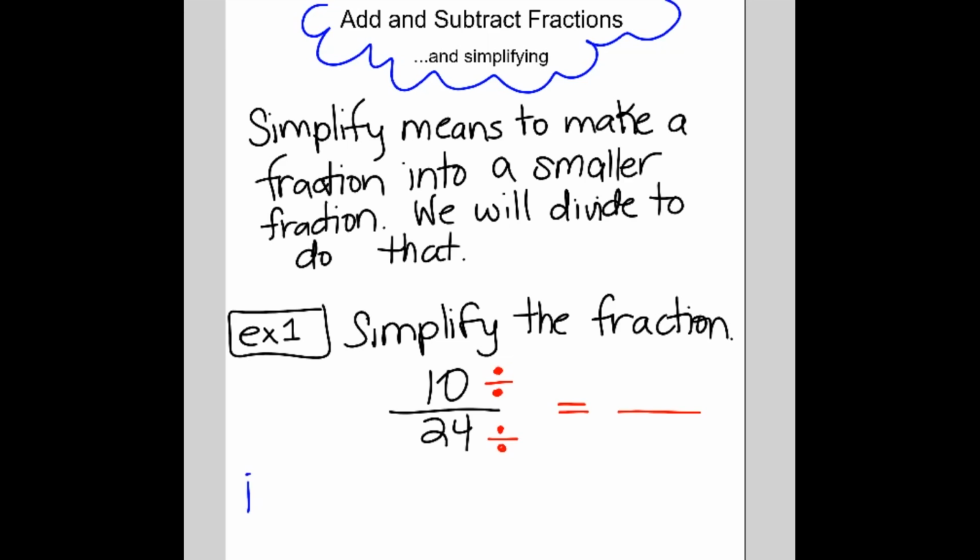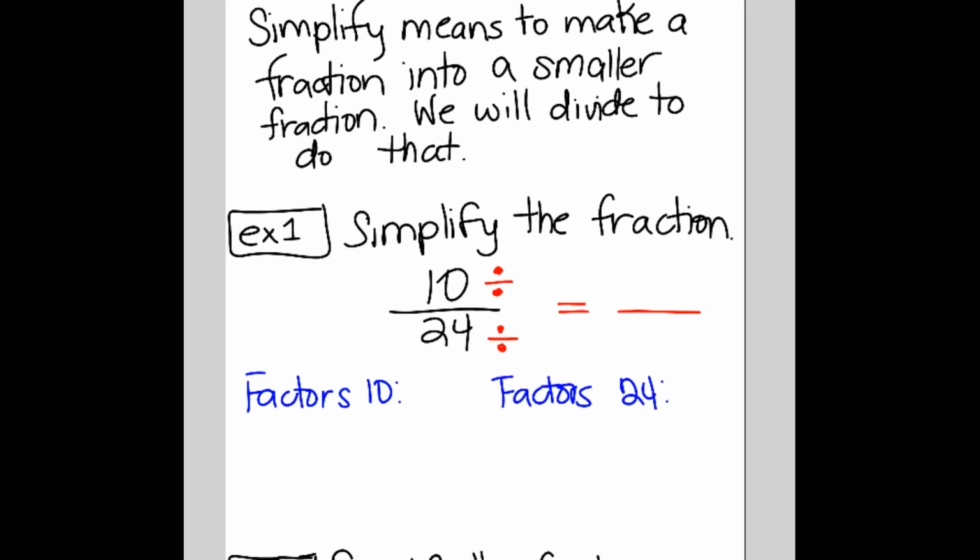So we're going to say factors of 10, and I'll say factors of 24. All right, guys, so we're going to get the factors of our 10 and then the factors of our 24. I will remind us what factors means again. Factors means what can I multiply together?